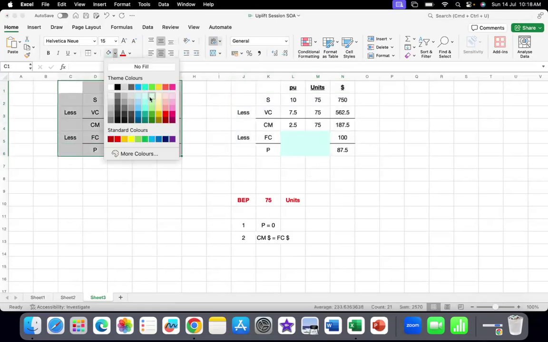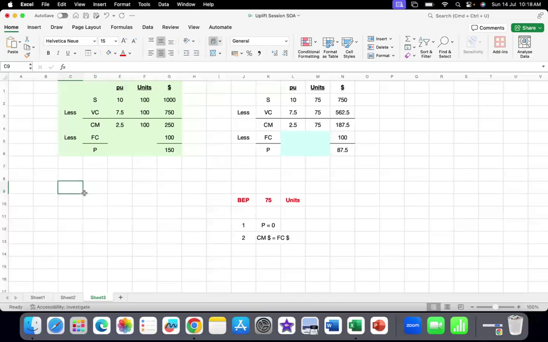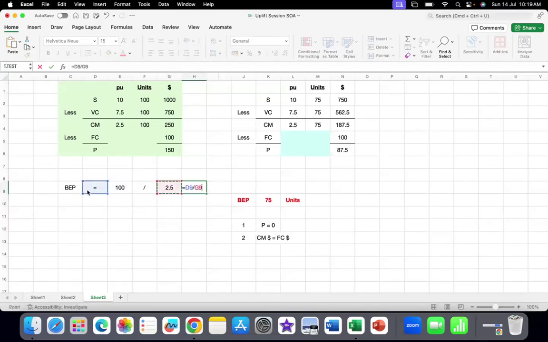If I want to calculate my break even point, my BEP would be equal to my fixed cost, which is 100, divided by my contribution margin, which is 2.5, and this is going to come to 100 divided by 2.5, 40 units.